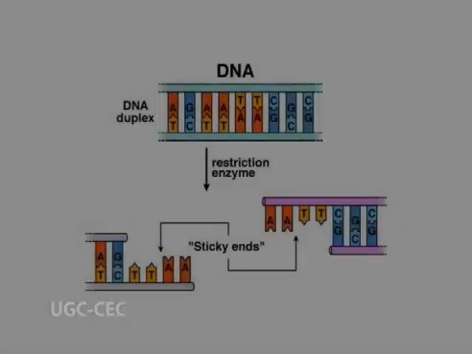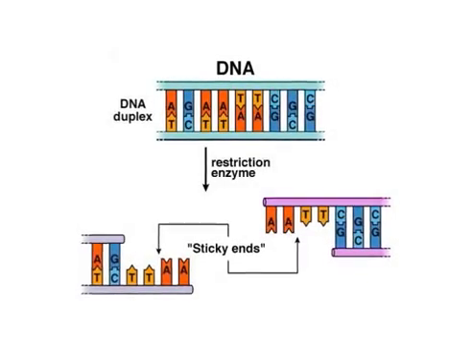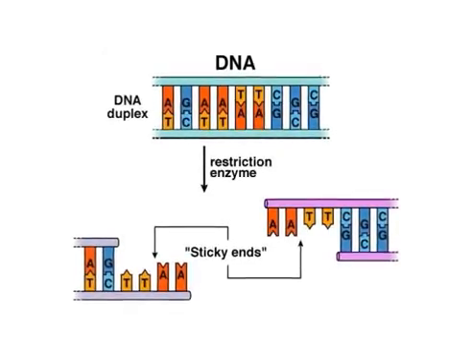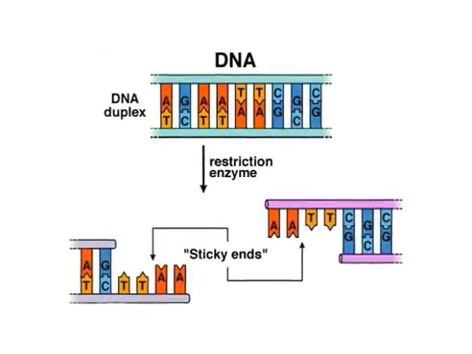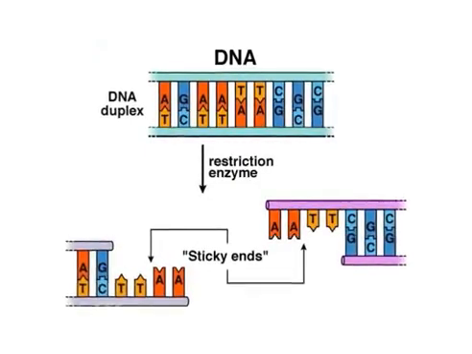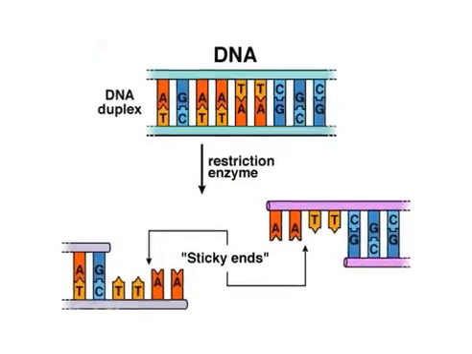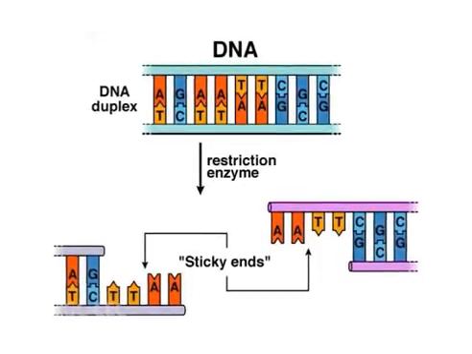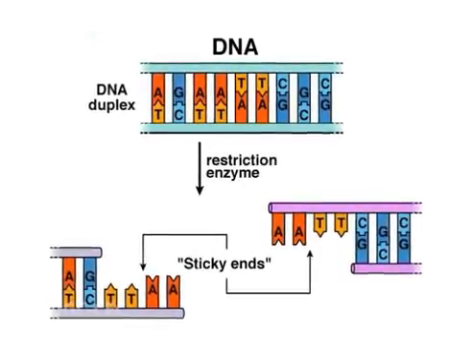rich in GC content. Some restriction enzymes digest DNA at different locations, that is, a staggered cut, within the recognition sequence, producing 5' phosphate or 3' hydroxyl extensions called protruding or sticky ends.